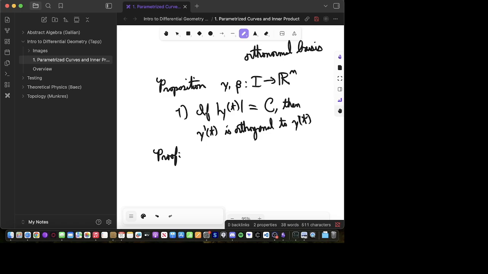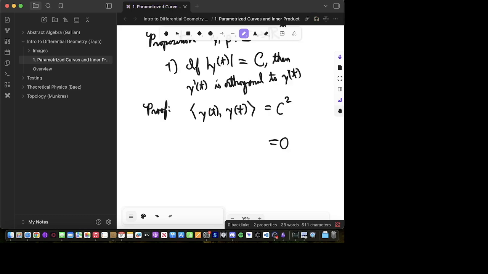So we know that the norm is c, therefore the derivative of this expression must be 0. And since this is a product, we use the product rule. So let's take the derivative of the first term, keep the second one constant, plus the reverse.